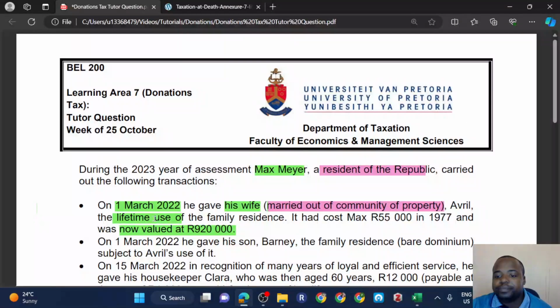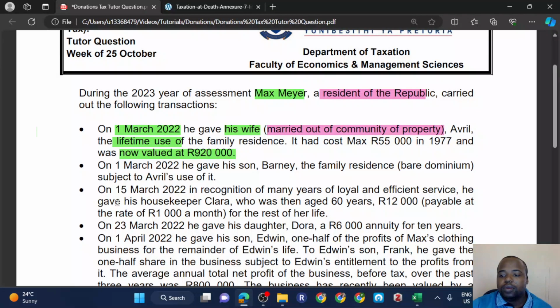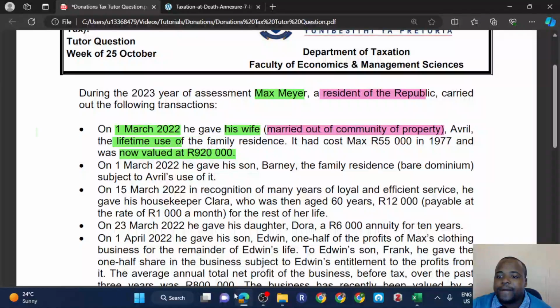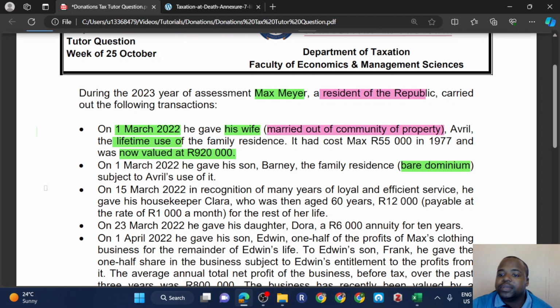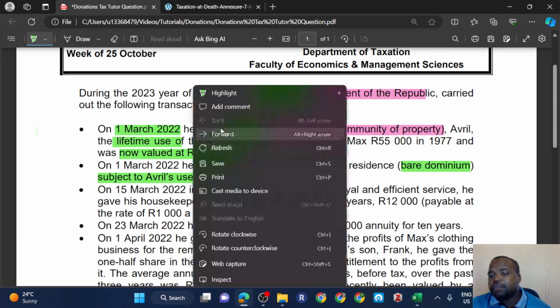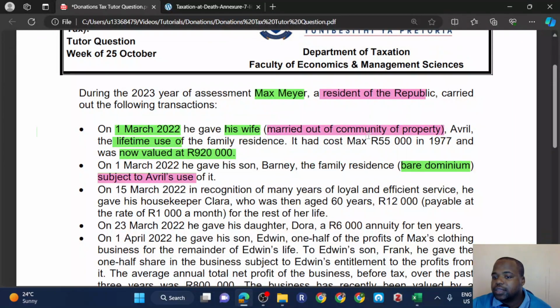Okay, let's continue. On 1 March 2022, he gave his son Barney the family residence, and brackets are told this is the bare dominium, subject to Avril's use, right? So Avril got the usufruct, and Barney, the son, got the bare dominium.